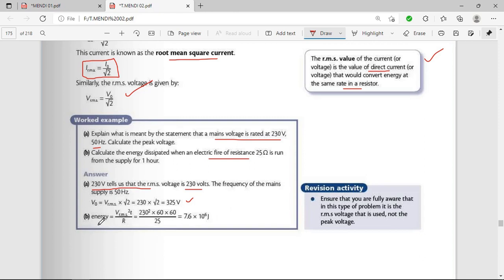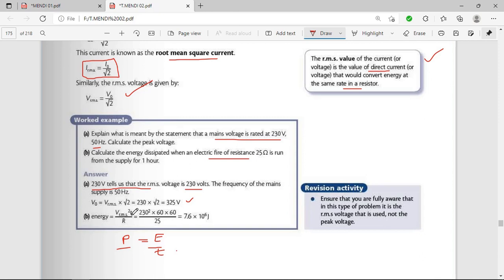So remember power is equal to energy over time. So for energy, we multiply power times time.